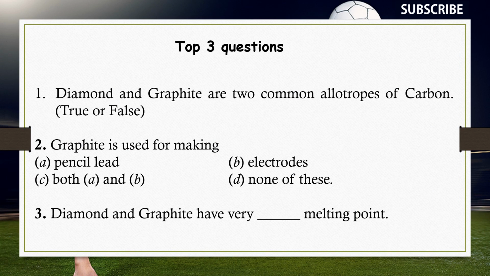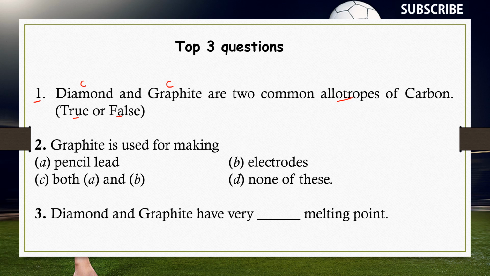Lastly, we are going to look at our top 3 questions. Question 1. Diamond and graphite are 2 common allotropes of carbon. I didn't talk about allotropes in this video, but at least I talked about diamond and graphite both being made up of only carbon atoms. So using your previous knowledge about carbon and its compounds, try to figure out whether this statement is true or false.